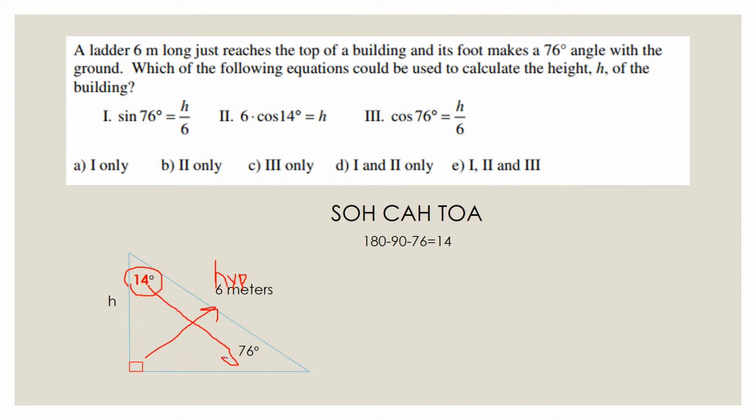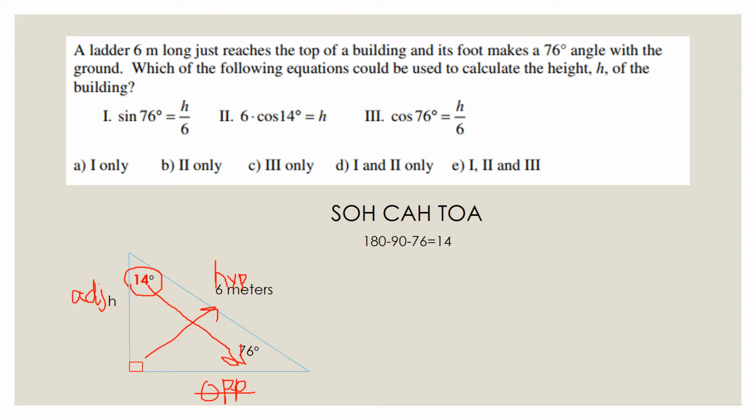And I like to go across from my angle in question to the other side. That's going to be opposite, which we don't know anything about right now. And then the last side that is left, we will say that's adjacent. It's the side that is right next to the 14 degrees that we're looking at, but it's not the hypotenuse.